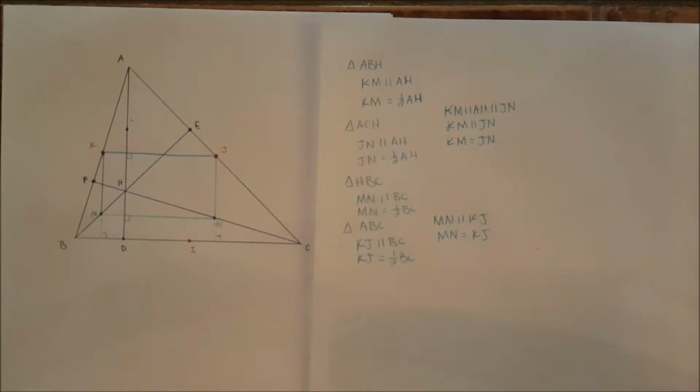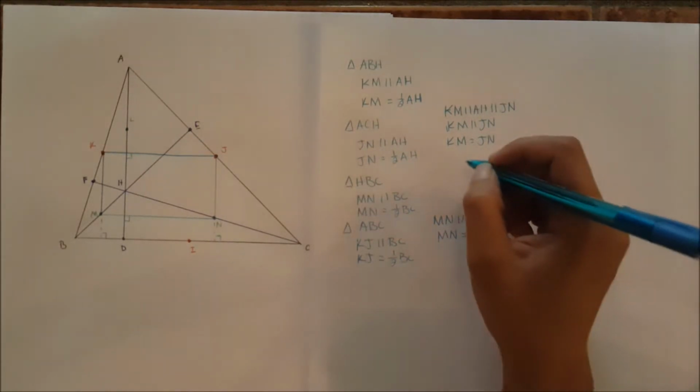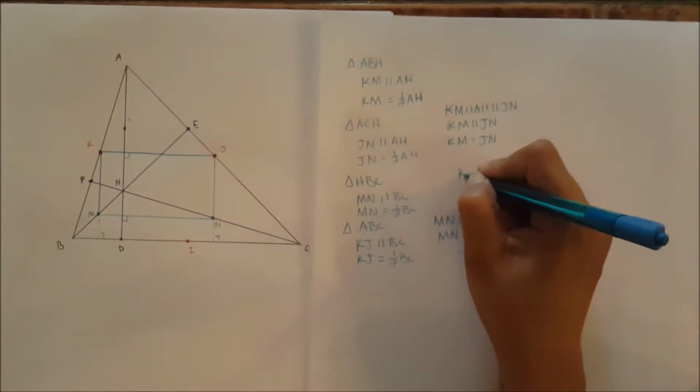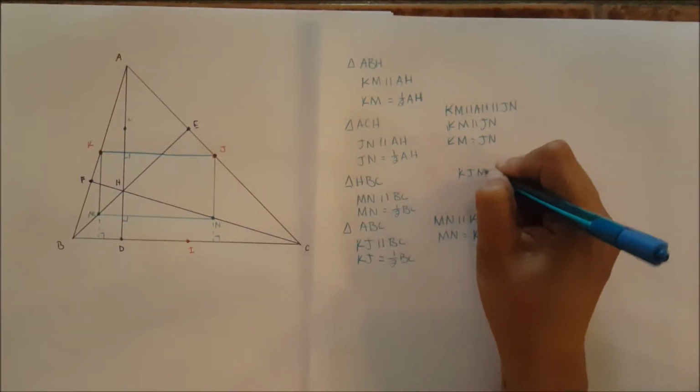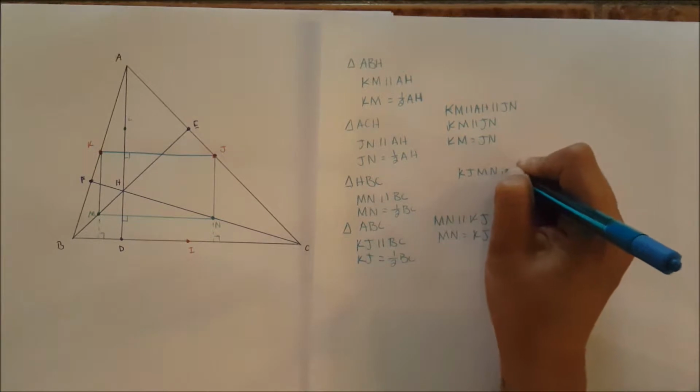So since KM and JN are parallel and equal, as well as MN and KJ being parallel and equivalent, we can conclude that KJMN is a rectangle.